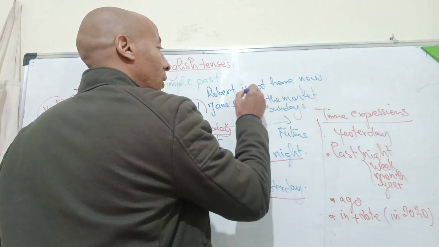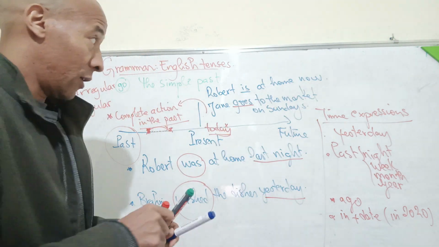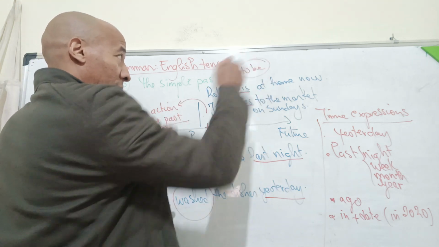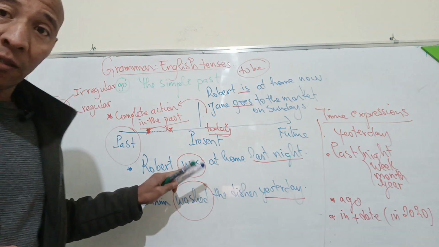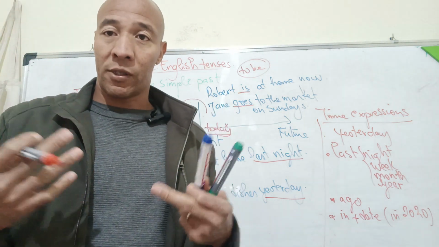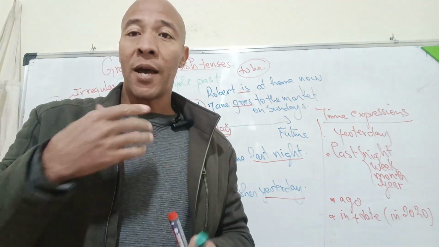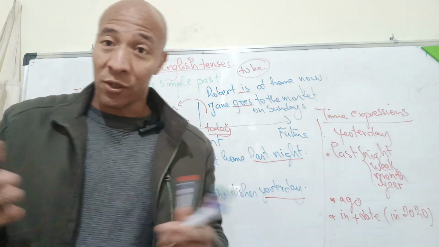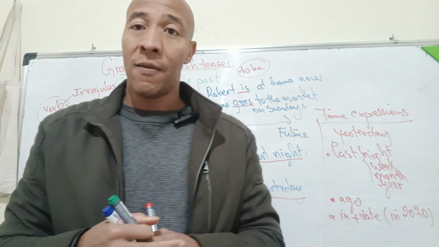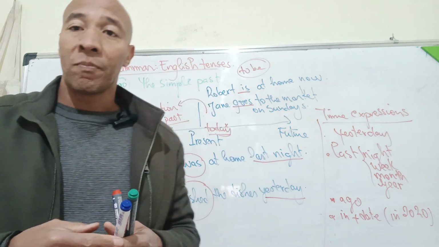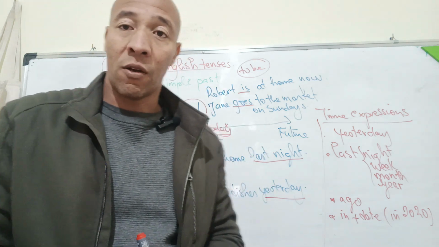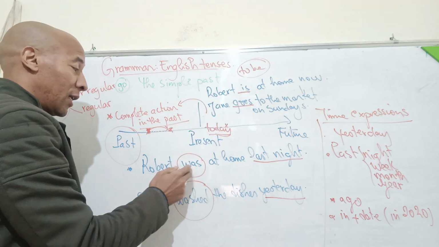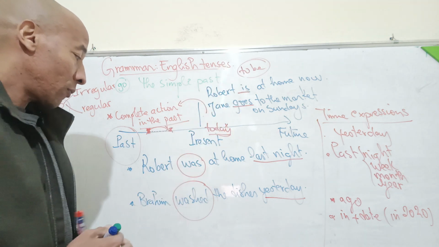So here we use the verb is, which is the verb to be in the present. But to be in the past, we can say was, right? So I was at a cafe yesterday. I was at the hotel yesterday. I was with my friends yesterday. So here we can use the verb to be in the simple past, right?